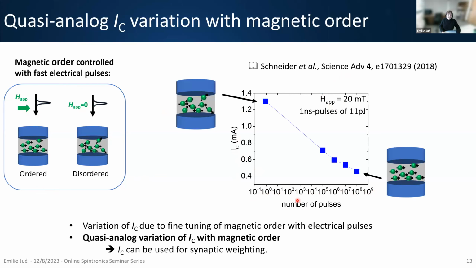We can see that by applying the pulses, we can tune the critical currents, basically by tuning the magnetic order with the electrical pulses.